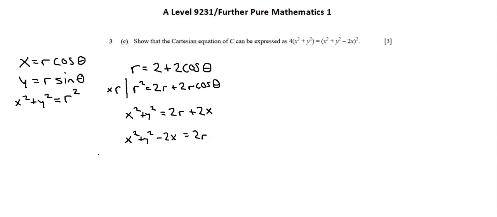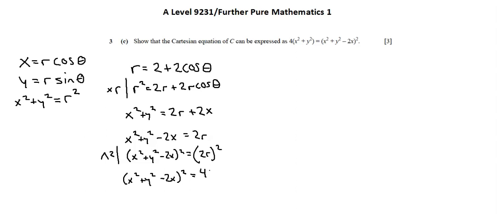I mentioned earlier I can get from r to r squared by multiplying by r or by squaring both sides. That's what I want to do now. When I square both sides, I end up with x squared plus y squared minus 2x, all squared, equals 2r squared. This simplifies to x squared plus y squared minus 2x, all squared, equals 4, which is 2 squared, times r squared.